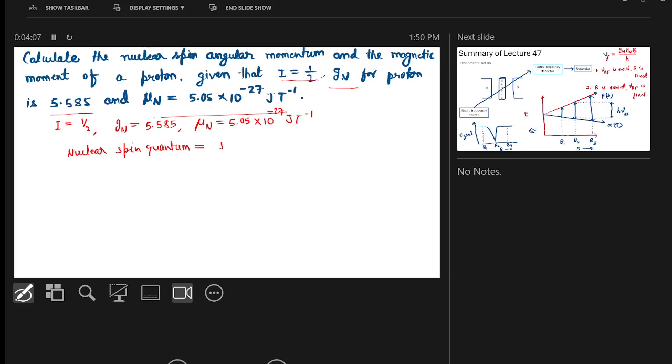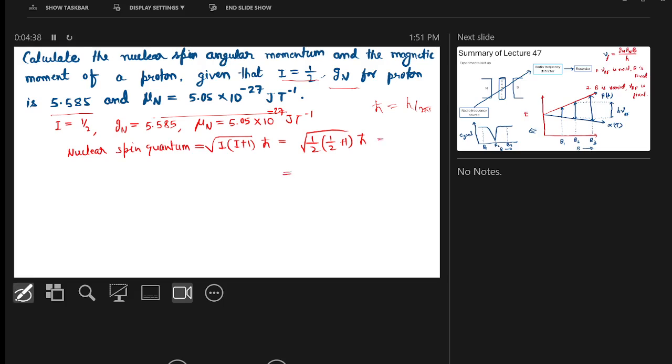It's given by the square root of I multiplied by I plus 1, times h cross. Substituting the value, 1 by 2 plus 1. This is the unit. This is angular momentum, so the unit is h by 2 pi, and for h by 2 pi we write h cross.